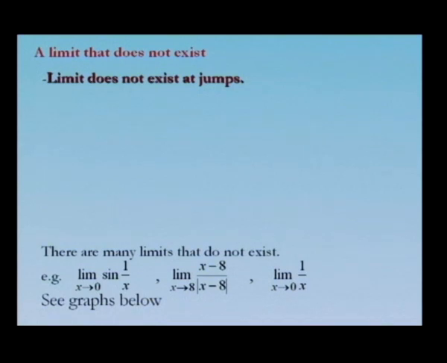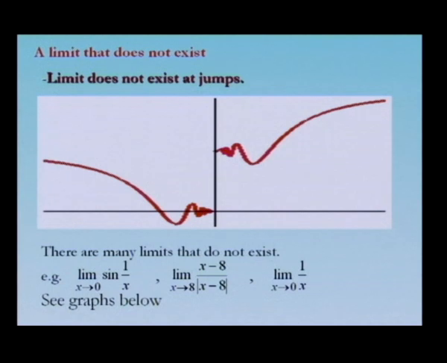Now there may be some examples where the limit does not exist, like at jumps. For example, consider this graph of some function. Here x is tending to 0 from the left hand side, then the function is tending towards 0, and when x is tending towards 0 from the right hand side, f is tending towards some positive number.